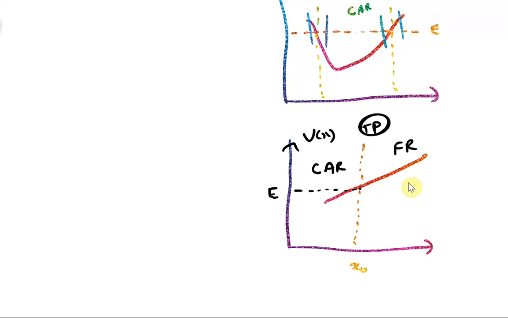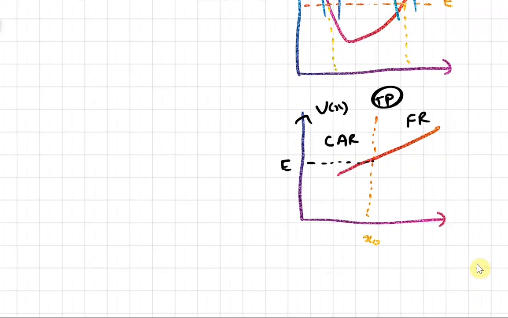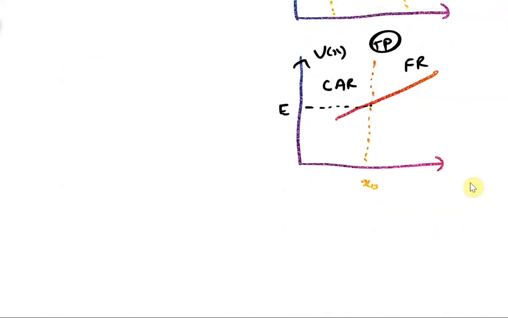Now we have to develop a Schrodinger equation formulation here. Before that, let us write the kind of potential in this zoomed up version. The potential anywhere close to the turning point I can approximate as a straight line.